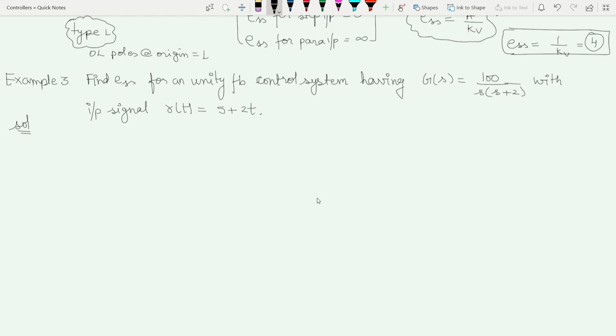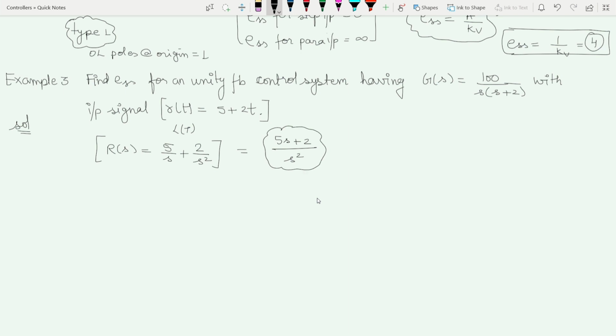As the input signal is given in the time domain, R of s equals 5 by s plus 2 by s square. You all know that when you convert from the time domain to the s domain, you just take the Laplace transform. So this is nothing but 5s plus 2 over s square.